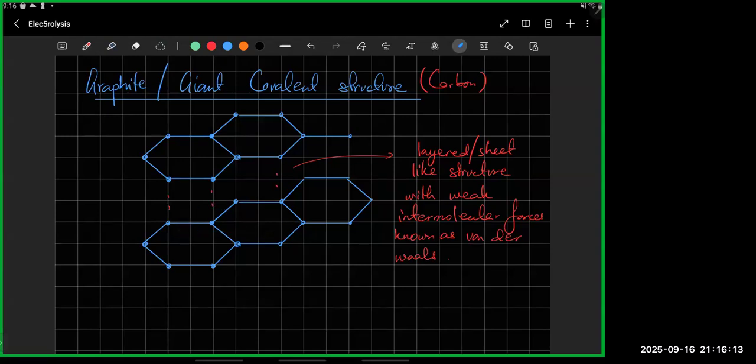But it happens to be a very good conductor of electricity because it has delocalized electrons that are moving around in the sheet. Carbon has 4 outer electrons, but graphite only makes 3 bonds. So out of 4 electrons, 3 are bonding, and the 4th electron is not doing anything. So it's an extremely good conductor of electricity.